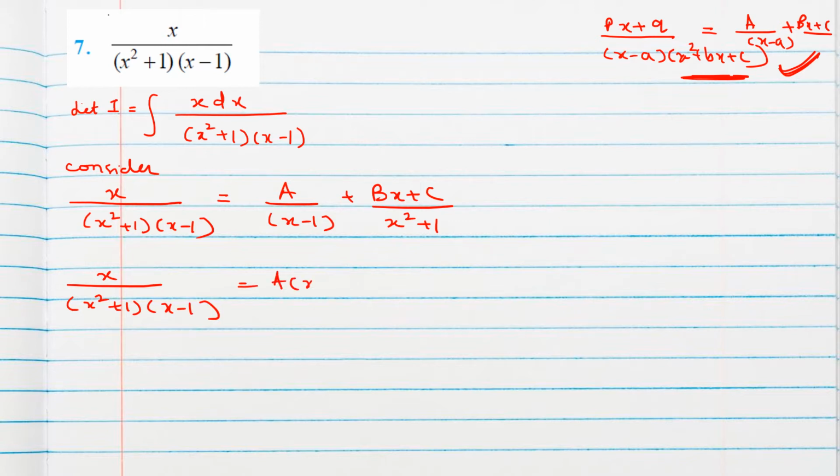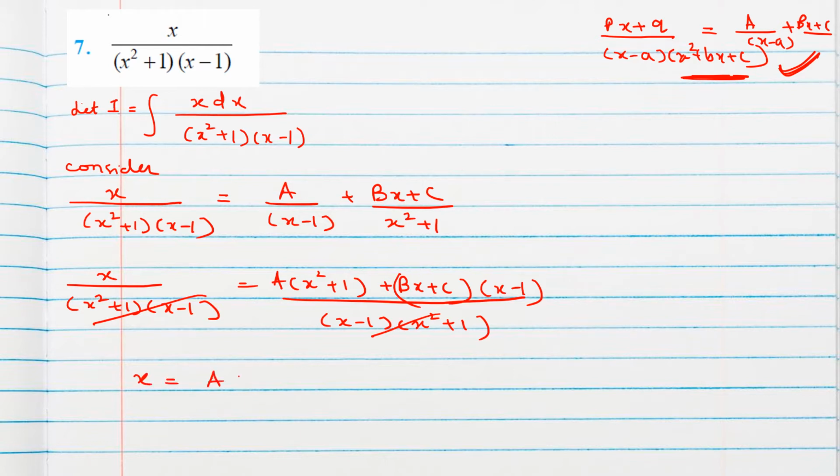So A(x square plus 1) plus (Bx plus C)(x minus 1), divided by (x minus 1)(x square plus 1). So this bracket's numerator, the denominator will go here: A into (x square plus 1) and (Bx plus C)(x minus 1).